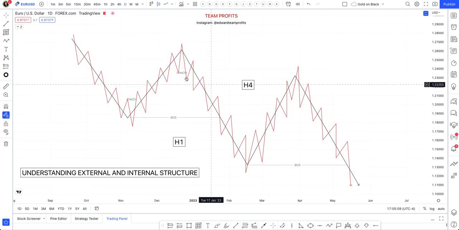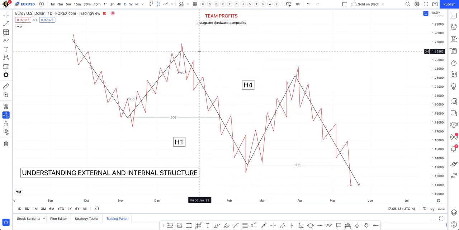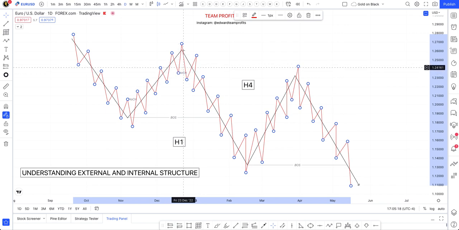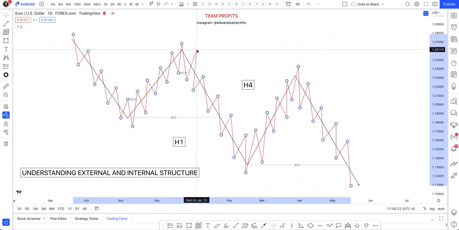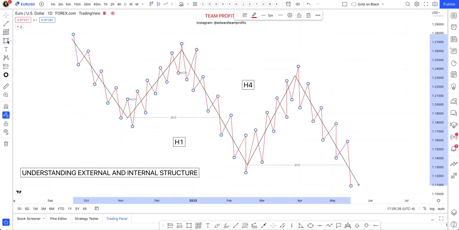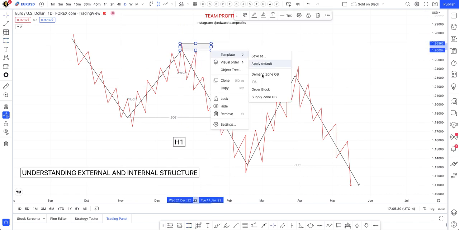So now in this case, if you want to hold this sell for a little bit longer, yes, this is definitely a good thing, because normally if you have a change of character, the market will give you an order block somewhere here. Let's say the market even went all the way up here, and now you had your order block. Hold on. You have your order block here, right?